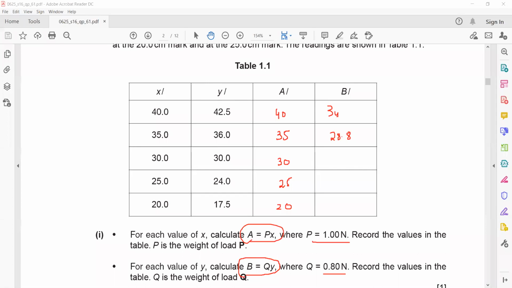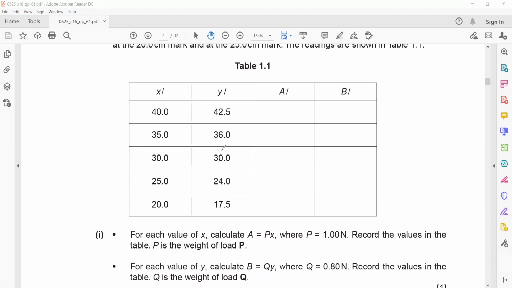So it is 34, 28.8, 24 is there. Then 19.2. And the last value, 17.5 multiplied by 0.8. What's the answer? 14. So these are the values you will substitute.